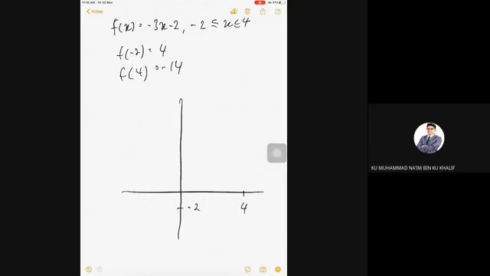Okay. Ada someone nak share your graph tak? Hello. Ada tak? Function for 14. Negative 2, right? Share kat group.